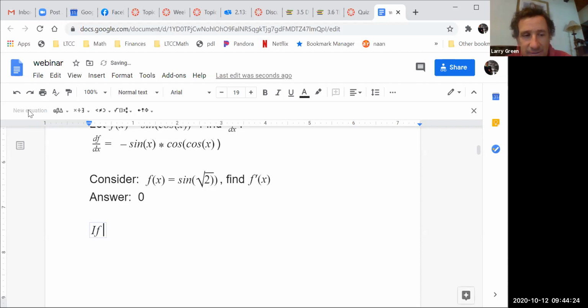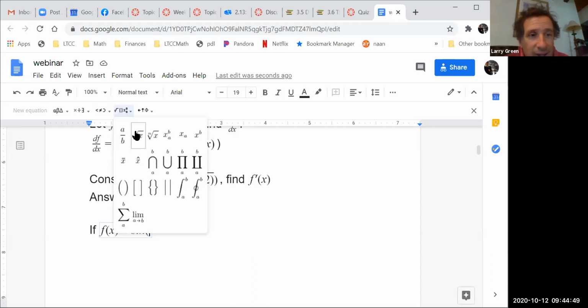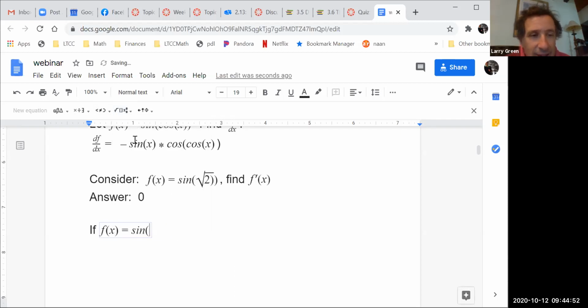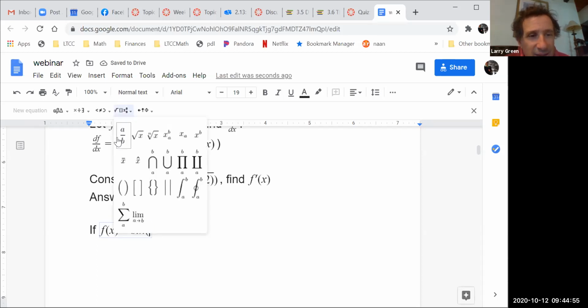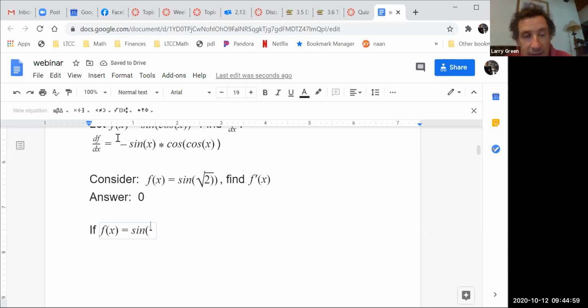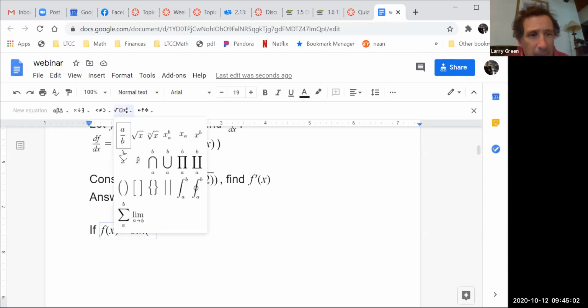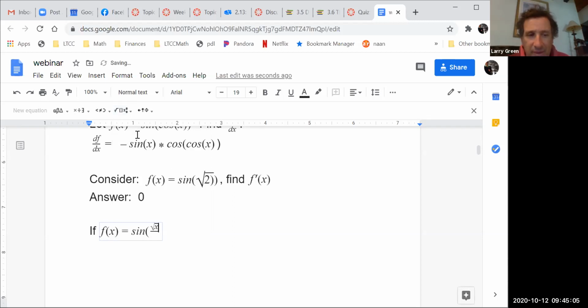So if f of x is equal to, how about the sine of the square root, the fraction, square root of x over 1 minus 2x.